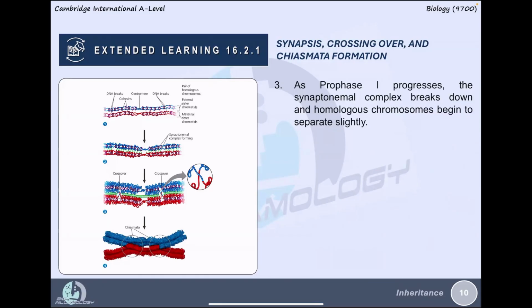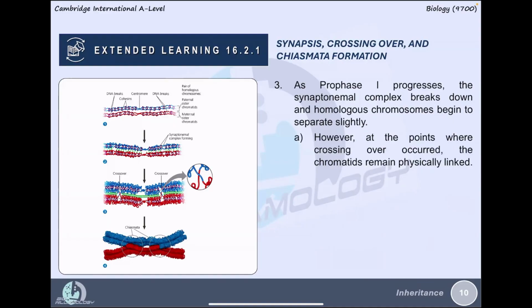So as prophase 1 progresses, the synaptonemal complexes break down and homologous chromosomes begin to separate slightly. However, at the point where crossing over occurs, the chromatids remain physically linked.